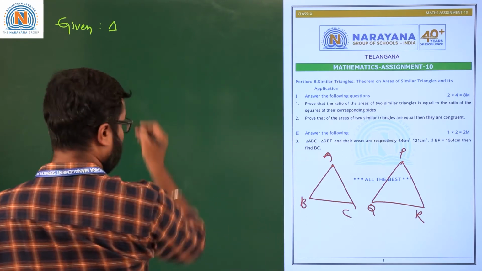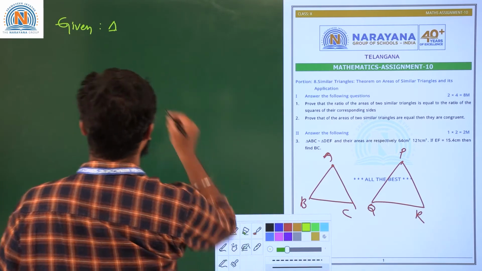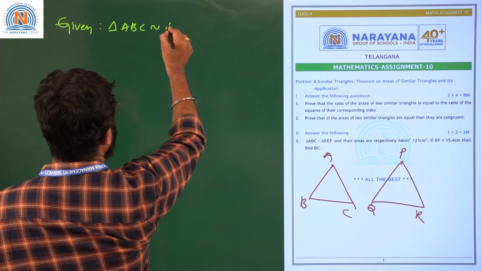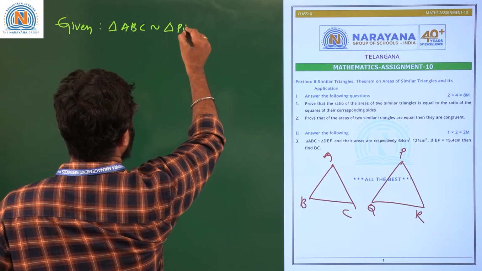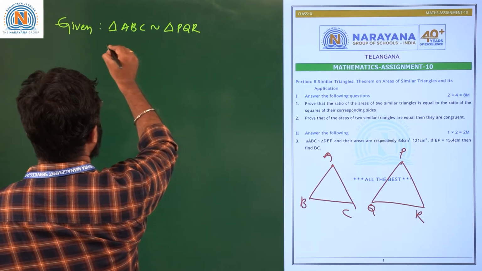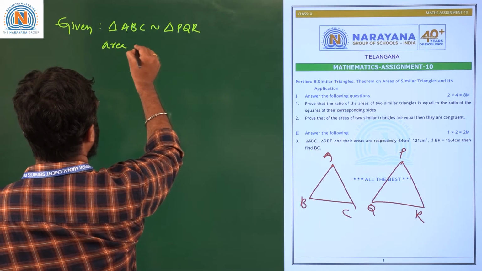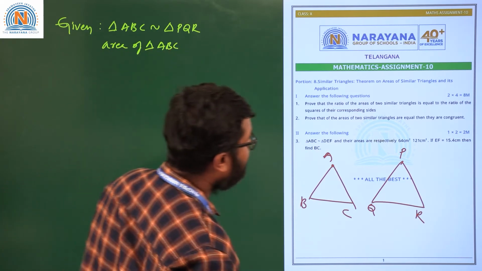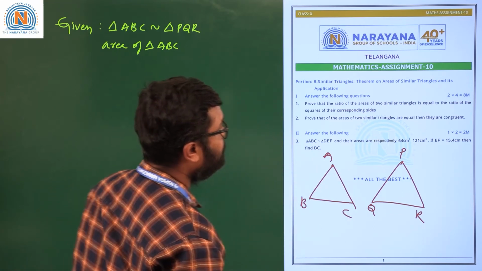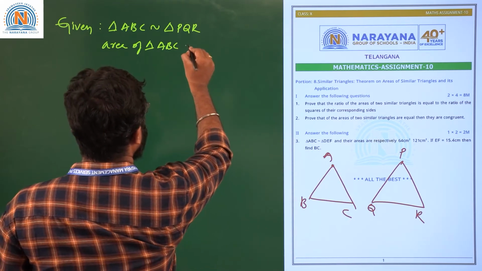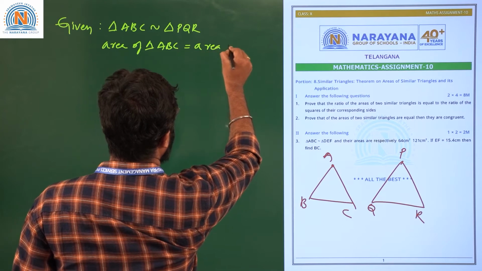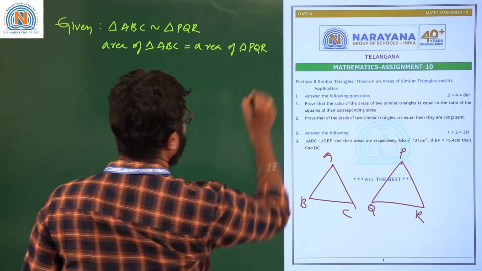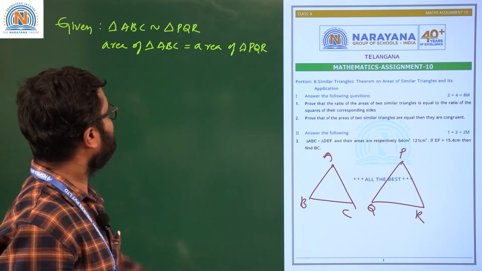So what are the given ones? So triangle ABC is similar to triangle PQR, and area of triangle ABC is equal to area of triangle PQR. So this one is the given data.